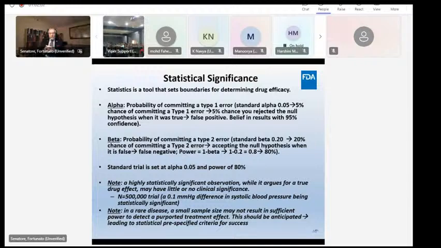So you have to set the balance to everyone's satisfaction. So alpha is set at 0.05 and beta is set at 0.2. 20% chance of committing a type 2 error. 1 minus beta is the power of a trial. So when you say you're going to power the study and you want 80% power to see a difference, 80% power is 1 minus beta. That is, you're accepting a 20.